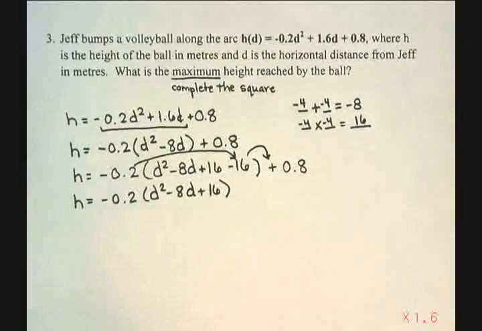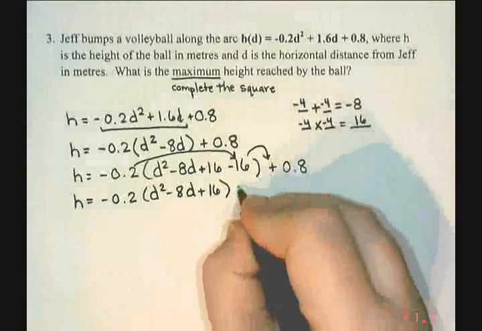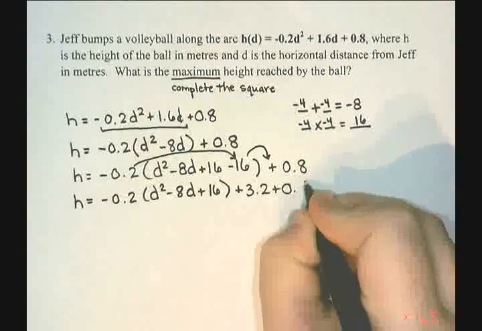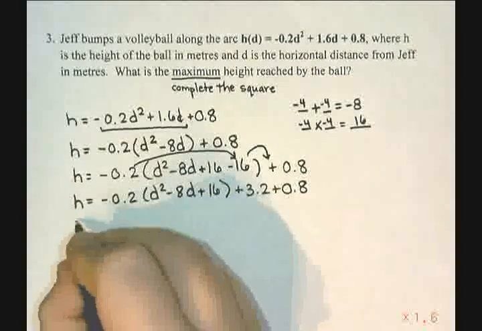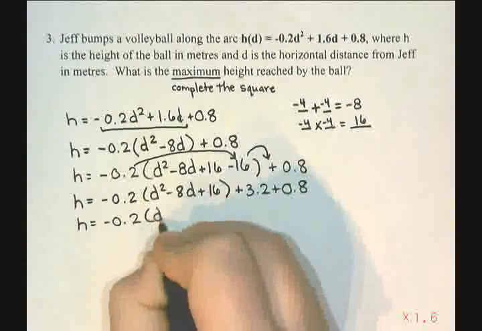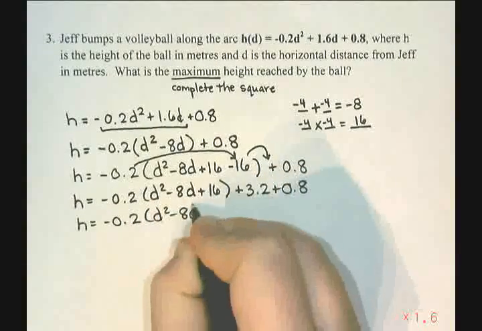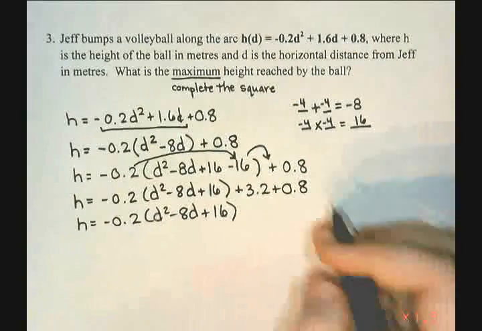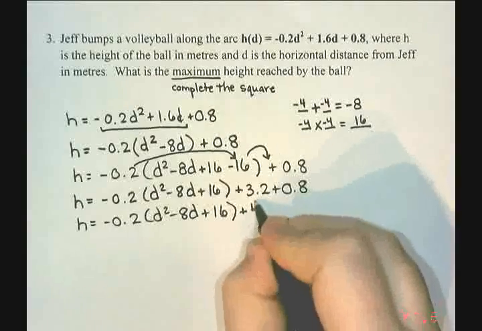Negative 16 times negative 0.2 is positive 3.2. I collect up those terms outside the bracket. 3.2 plus 0.8 is 4.